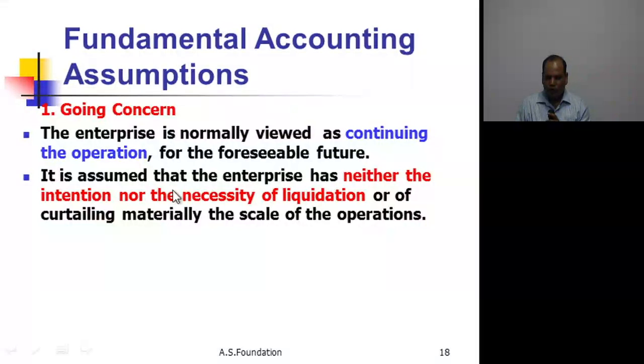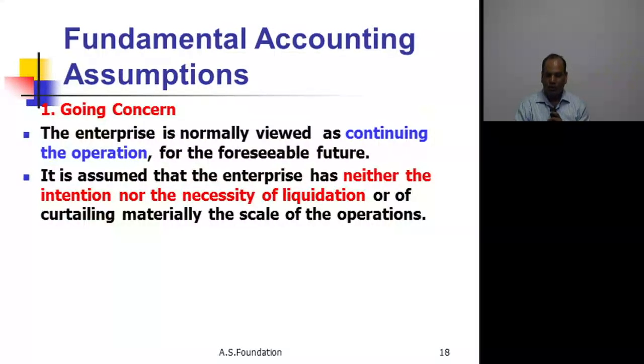How does it affect your accounting? If the company is not a going concern, then we do not follow historical cost accounting. What is historical cost accounting? Assets and liabilities are generally recorded at historical cost, the amount at which they were acquired. But the moment the going concern assumption is no longer valid, we will not follow the historical cost concept.